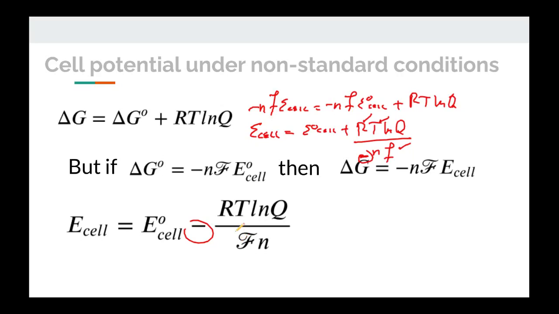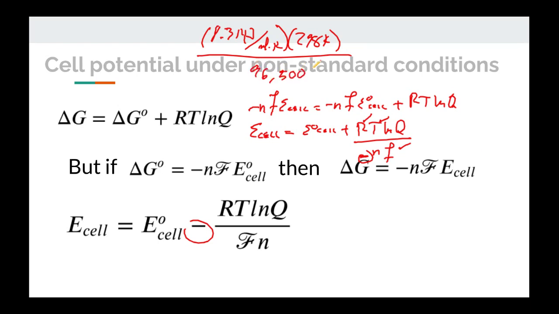And then if we put all those constants together, R is 8.314 joules per mole per Kelvin. And let's say we're at 298 Kelvins for temperature. And Faraday's constant is 96,500 coulombs per mole. Moles are going to cancel. Kelvins are going to cancel.